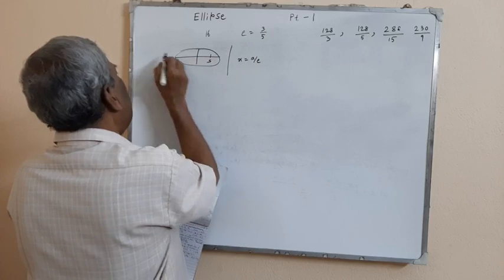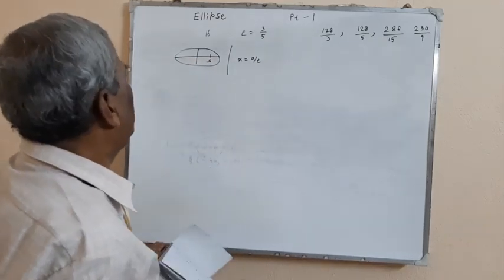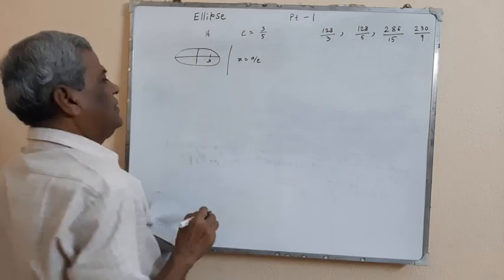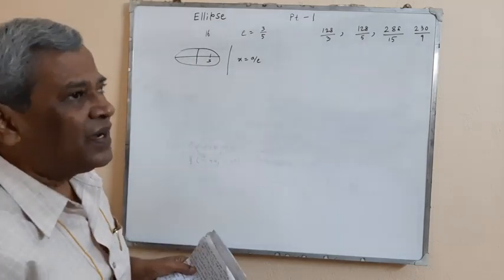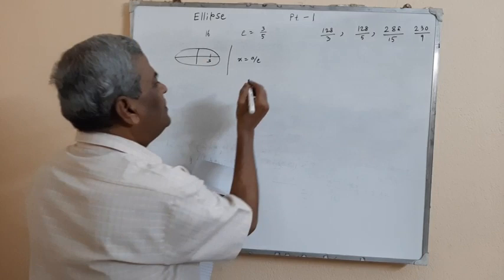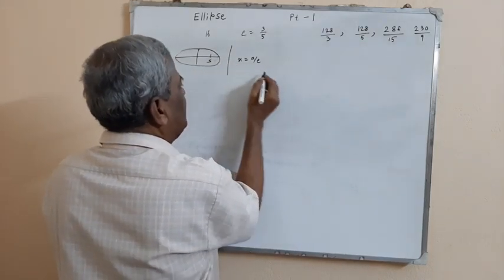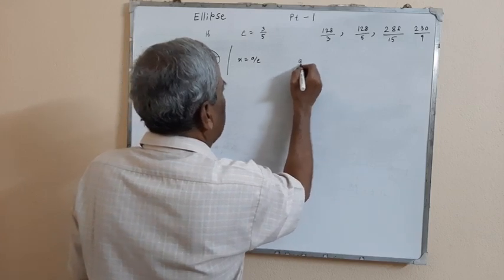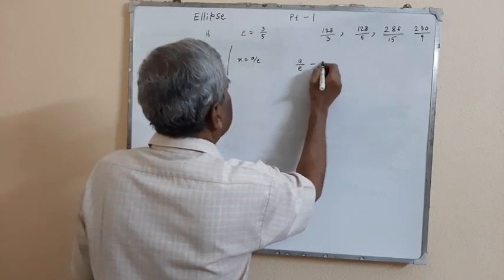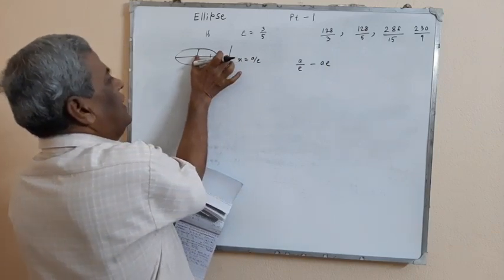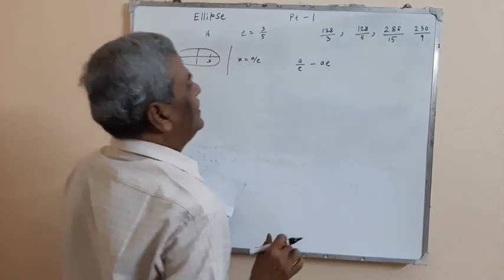You can use this and that also. The distance between this and that is given as 16. With the standard formula, the distance between focus and directrix is a by e minus a e.